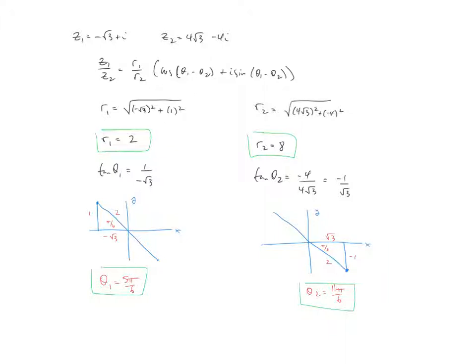So we would have z1 over z2 equals 2 divided by 8 times cosine of 5 pi over 6 minus 11 pi over 6 plus i sine of 5 pi over 6 minus 11 pi over 6.